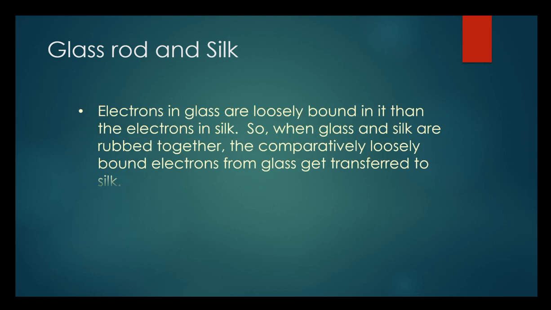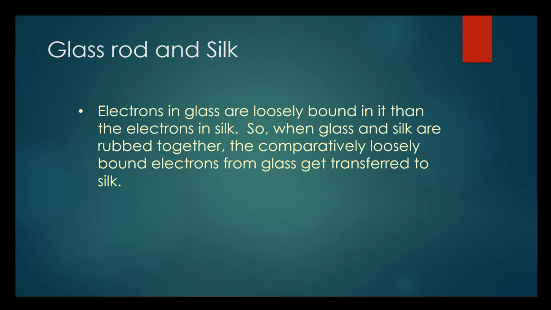Glass rod and silk, as we have seen how the glass rod acquires one kind of charge and silk acquires the other kind of charge. Let's see the explanation. Electrons in the glass are loosely bound.